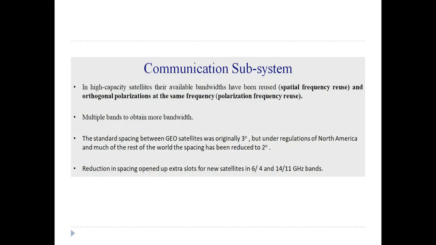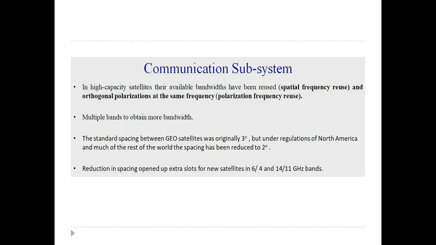Extension of the bands to 1000 MHz will eventually provide greater capacity as the new frequencies come into use. Many systems now use 14 by 11 GHz for TV broadcast and distribution, and 30 by 20 GHz systems are introducing Internet-like services from GEO.